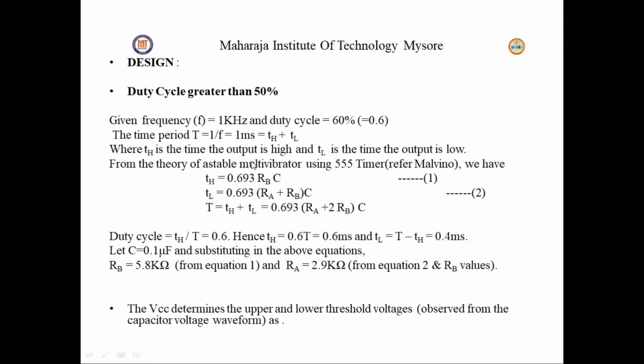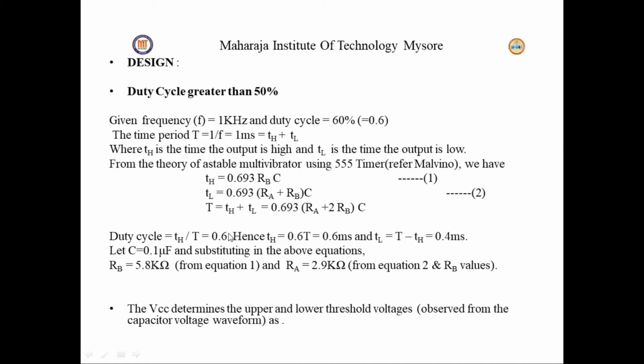From the theory of astable multivibrator using 555 timer, we have TH is equal to 0.693 RB C and TL is equal to 0.693 (RA plus RB) into C. So overall, by combining equation 1 and 2, we get T is equal to TH plus TL is equal to 0.693 (RA plus 2 RB) into C.